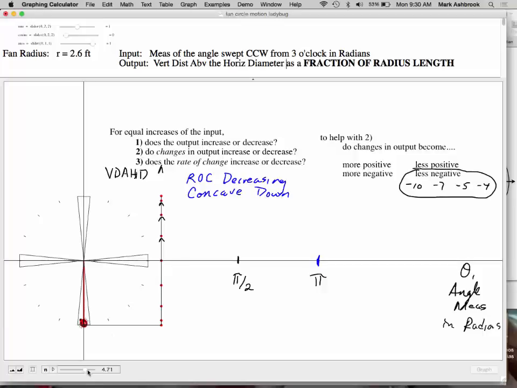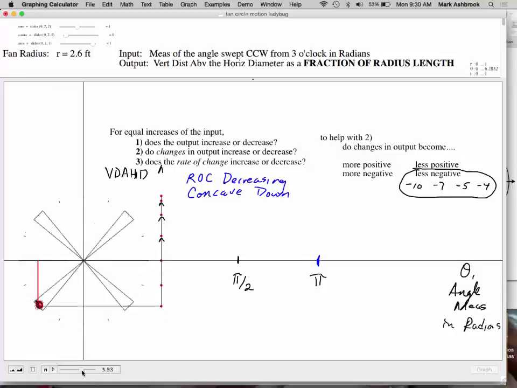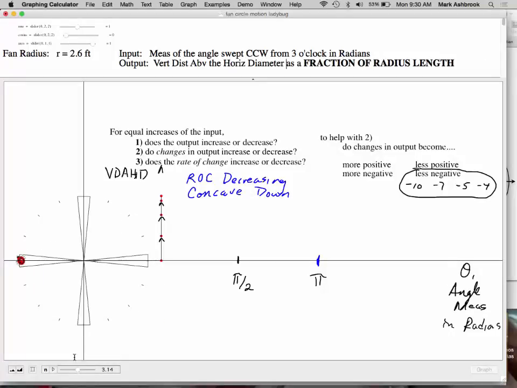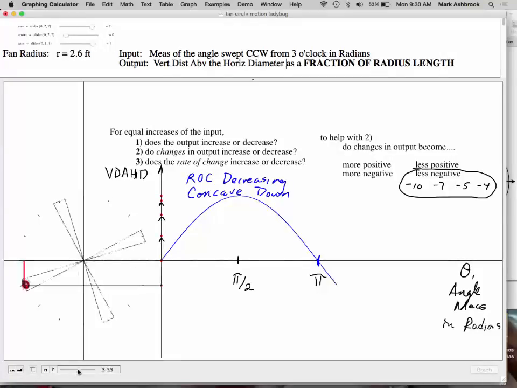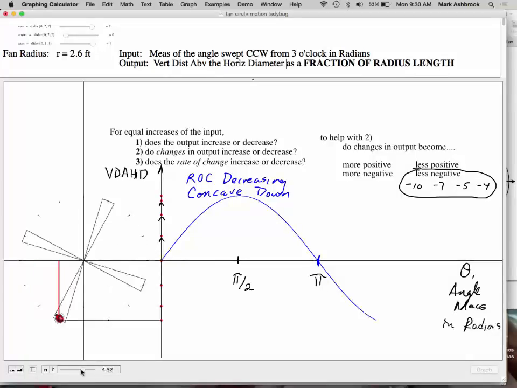Okay, let's see it. So our vertical distance is going to decrease from 0 to -1, while the changes get less negative. Biggest negative change there, then a smaller negative change, then a still smaller negative change, then a very small negative change.